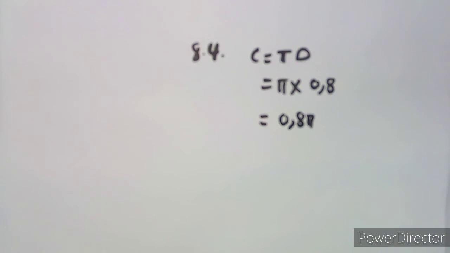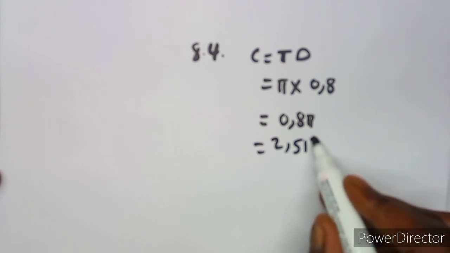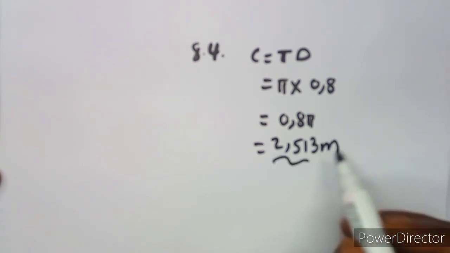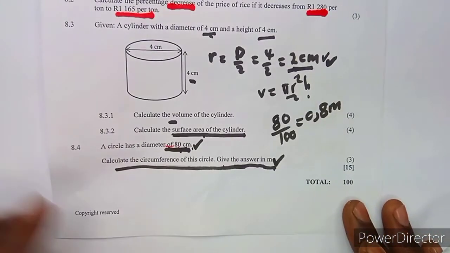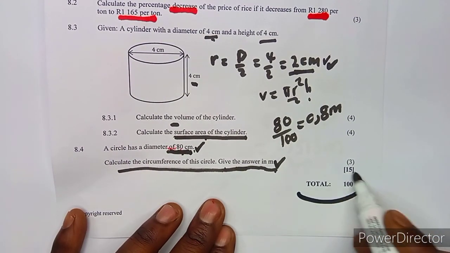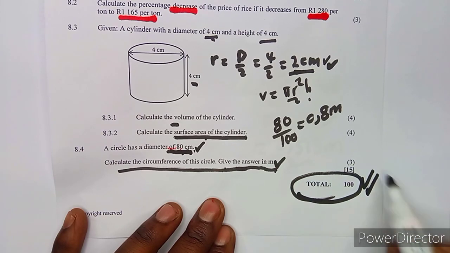But what are we going to have for 0.8 pi in its simplest form? This is going to give us something like 2.513, which is in meters. So take note, guys, from your calculator, you're going to obtain 2.51327 and so forth, which is just going to remain as 2.513.